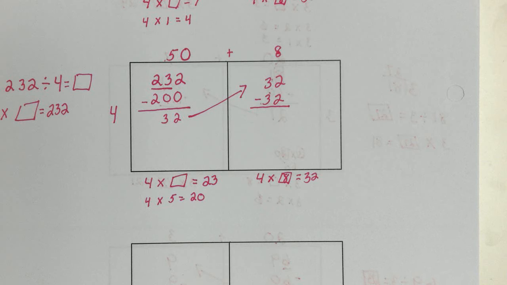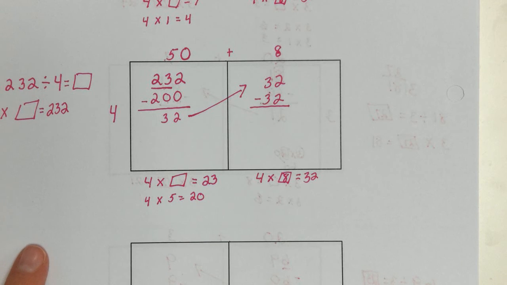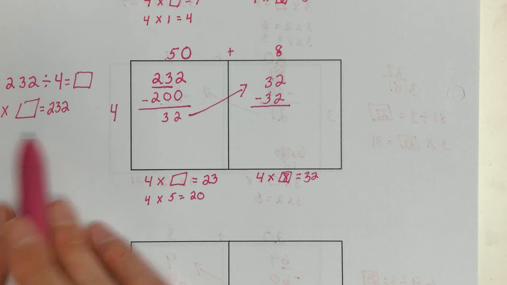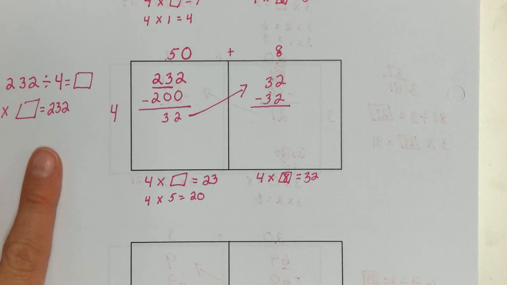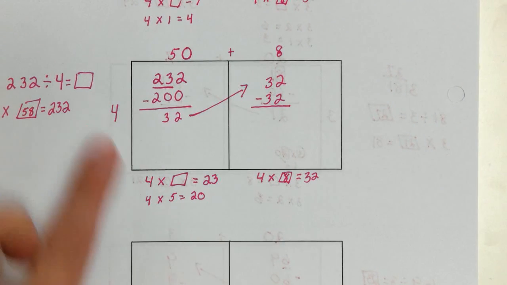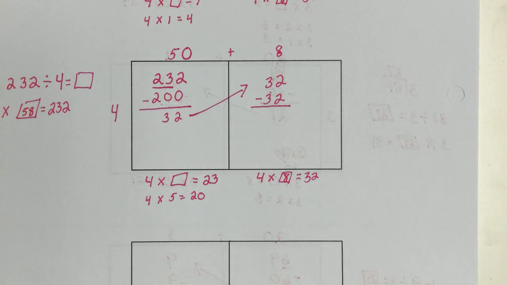Do I have any leftovers? No. Okay, so 4 times what is 232? 58. 4 times 58 is 232. What is 232 divided by 4? 58.